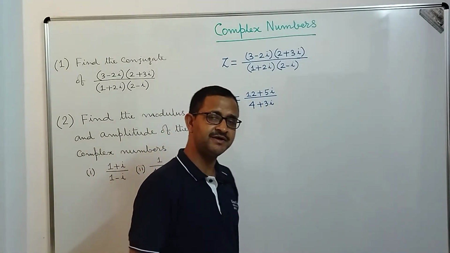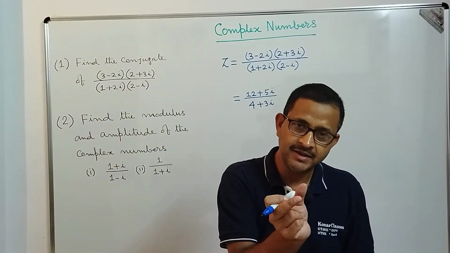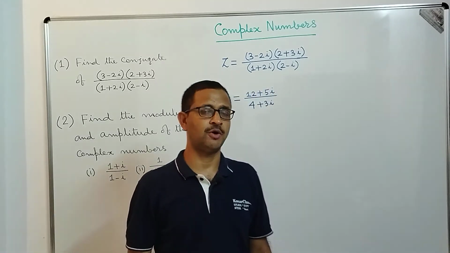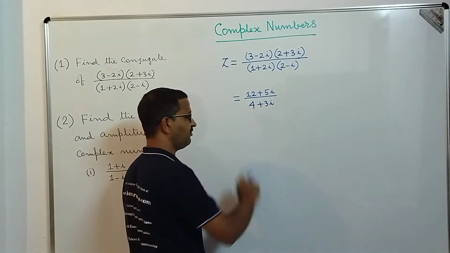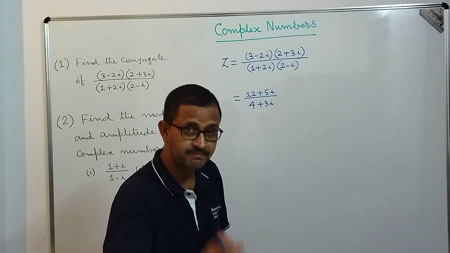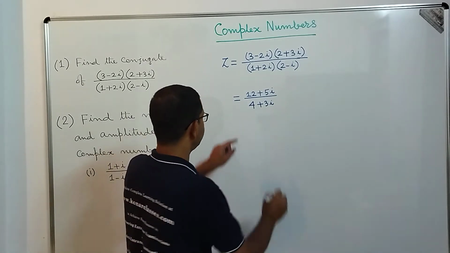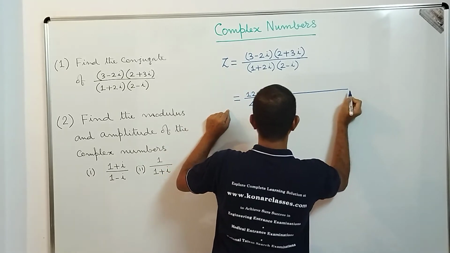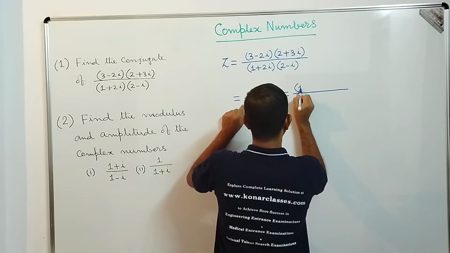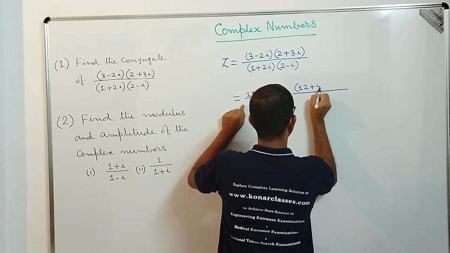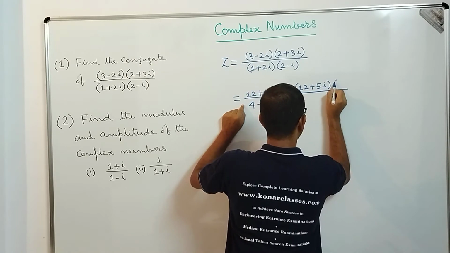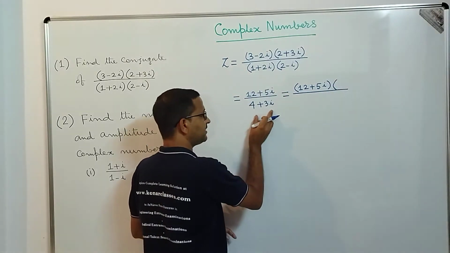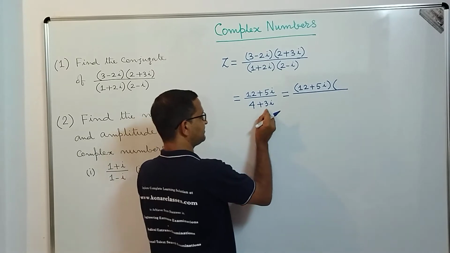Now what we need to do is multiply both numerator and denominator by the conjugate of the denominator complex number. Whenever you get this form and you need to represent that complex number in the form of a plus ib, we should do that. So 12 plus 5i as it is, then we multiply both numerator and denominator by 4 minus 3i.